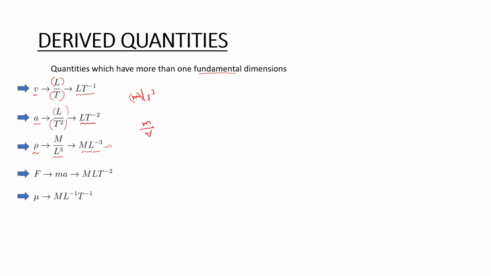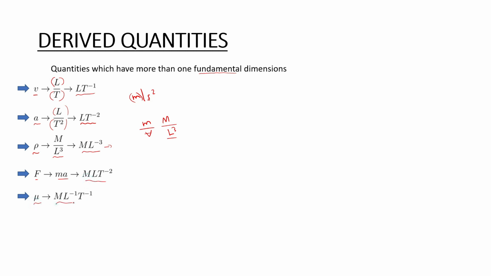Mass has the fundamental dimension capital M, and volume has the dimension L cube, because it is length into breadth into height. Similarly, force is mass into acceleration. Acceleration is LT minus 2, mass is capital M, so force is MLT minus 2.